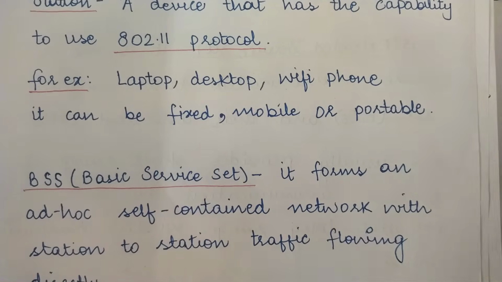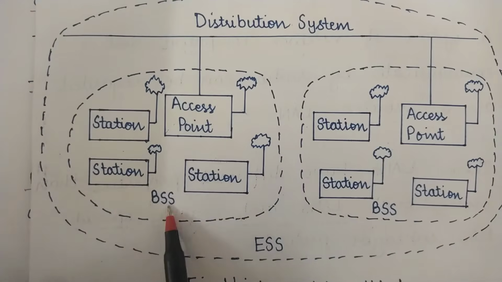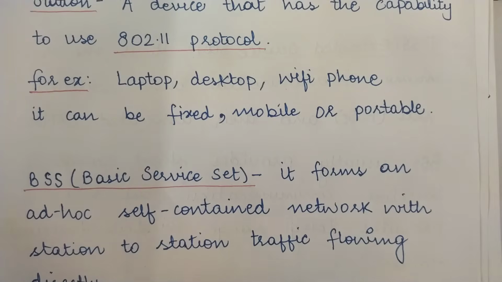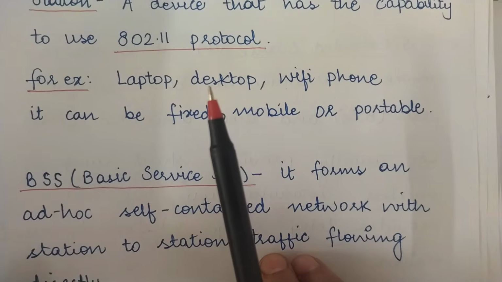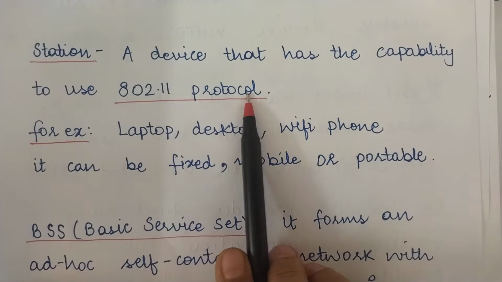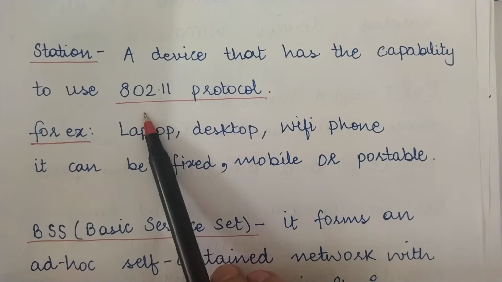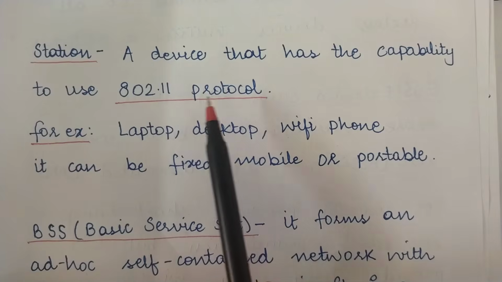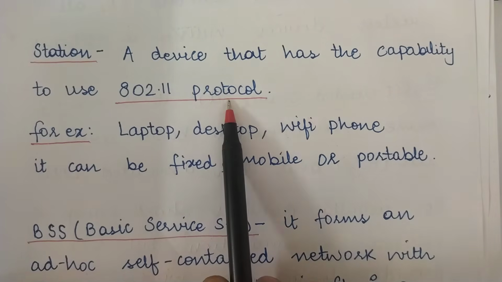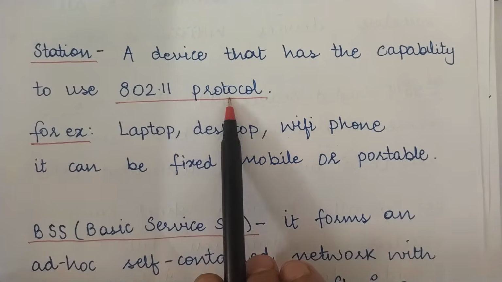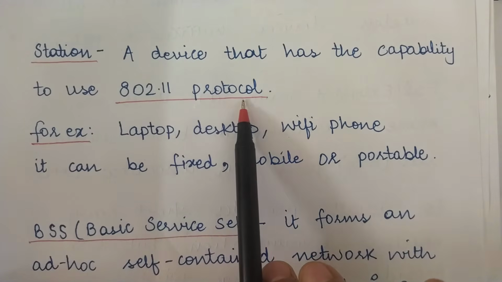Next is the station. As you saw, within each BSS there are multiple stations. So what are these stations? A station is any device that has the capability to use the standard for wireless LANs, which is the 802.11 protocol. Any such device that can use the 802.11 or the wireless LAN protocol is known as a station.